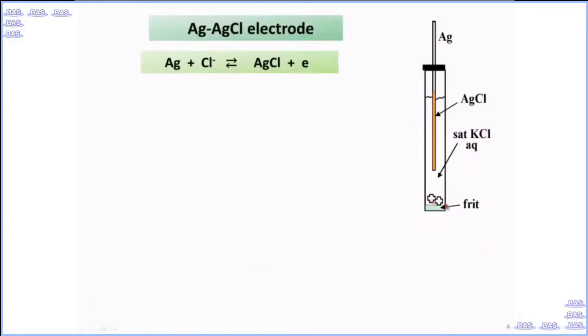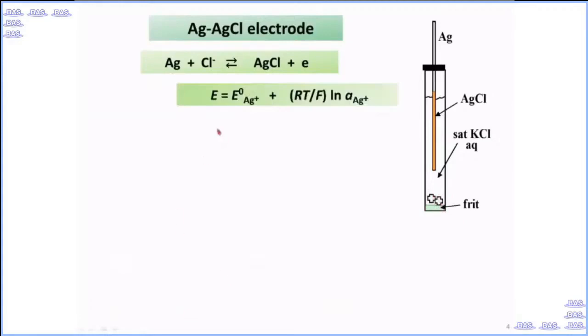For the saturated condition, KCl salt is also existent in the solution. The bottom is flat, so chloride ion can pass through.